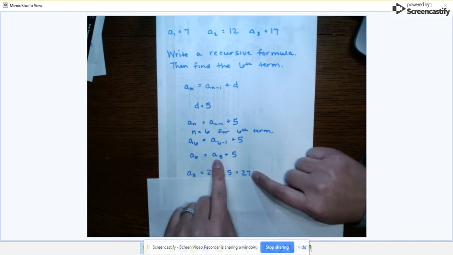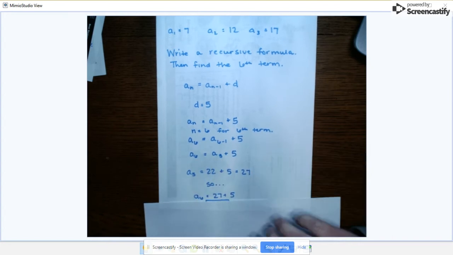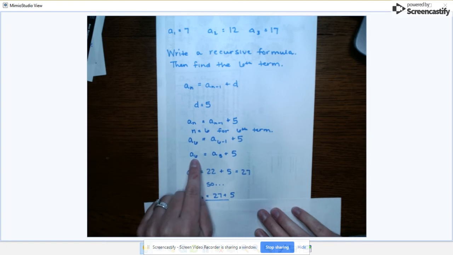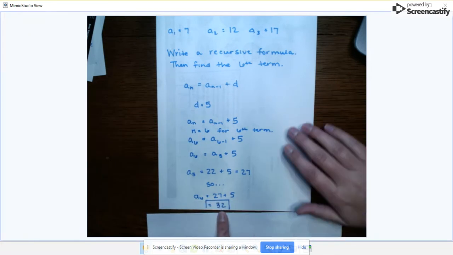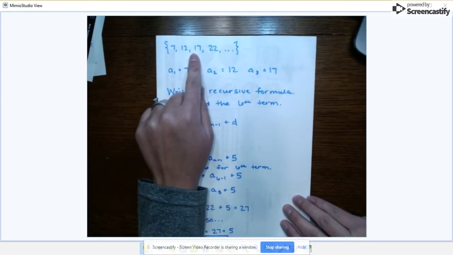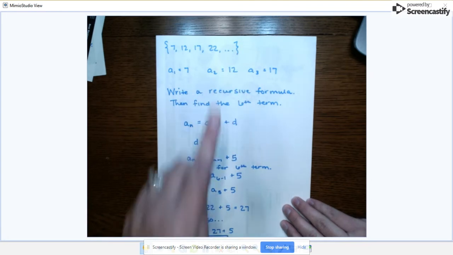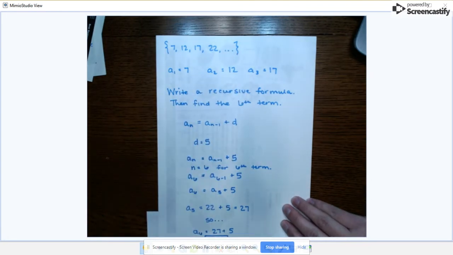We're going to plug that in for a sub 5. Remember, that's helping us find our sixth term. So our sixth term is our fifth term, which was 27, plus 5 more, which is 32. Okay, since 6 isn't very far off, we could have said 7, 12, 17, 22. Fifth term is 27. Sixth term is 32.